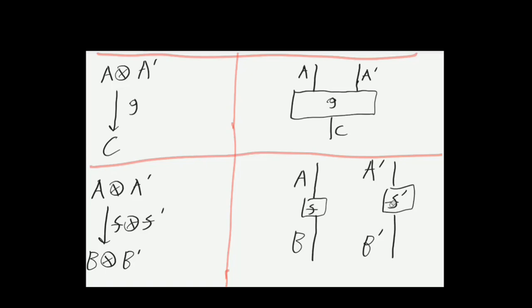Now, another thing that's really interesting here is that we can shift the vertical positions of these things. So we could move this arrow down here a little bit. If we draw any box in this, then we can think of that as being another arrow. So this box I've drawn is basically identity of A times identity of A dash.